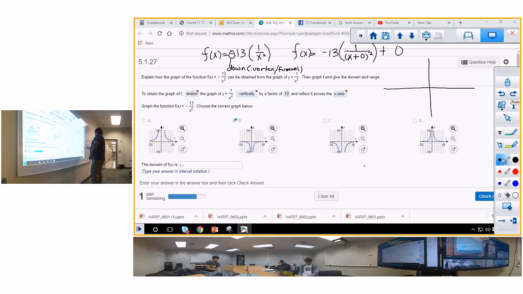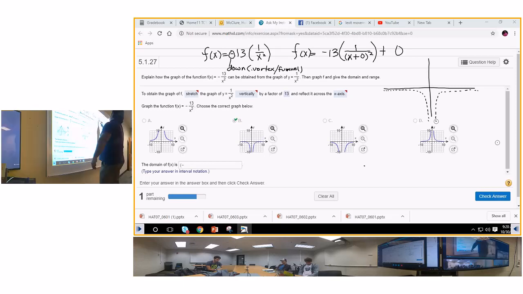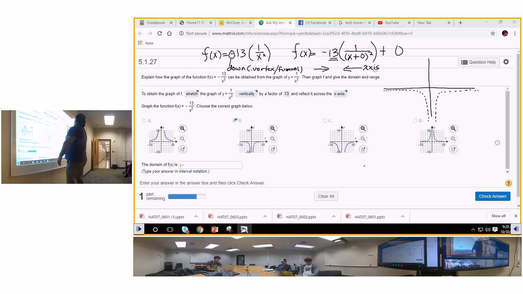There. Okay. The parent graph looks like this. Well, not the parent graph, but the parent graph as far as the negative. Here's the parent graph. The parent graph's up here. But since it's a negative, it's flipped. And what does this 13 mean? It's compressed along the x-axis and stretched along the y-axis. Think of a balloon that is pressed like this, it's going to be elongated.